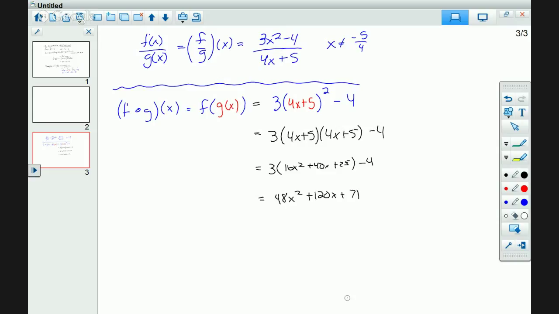F of g of x. We formed a new function, we have to think, did anything happen that's kind of screwed up here? Any ideas? Domain? Polynomial, what's the domain?